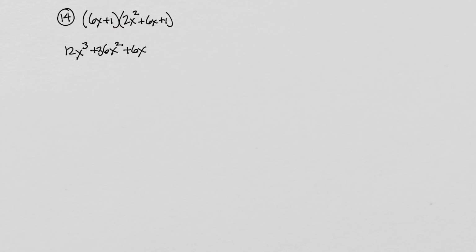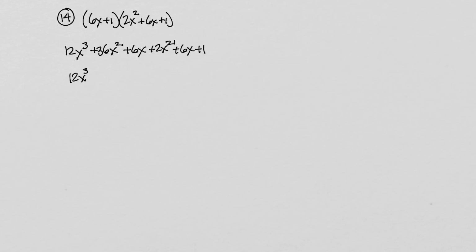Now, run over to the 1 and run it all the way through. So 1 times 2x squared is 2x squared. 1 times 6x, 6x. And finally, 1 times 1, that's just a 1. Let's combine any terms that are like terms. So let's go with the 12x cubed.